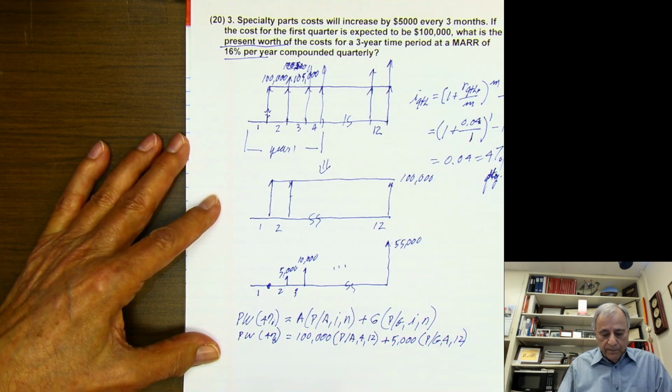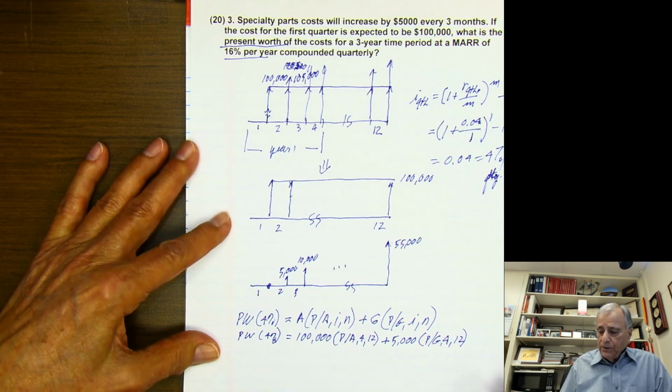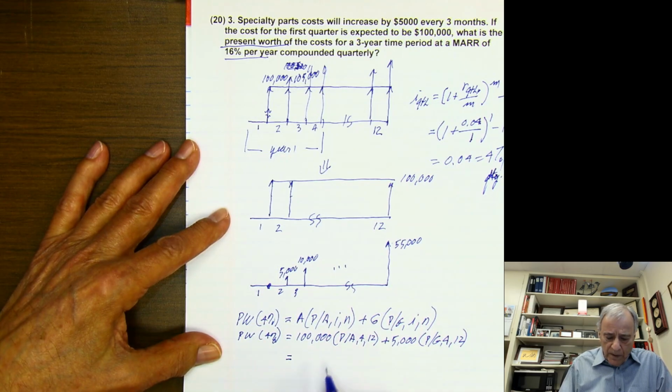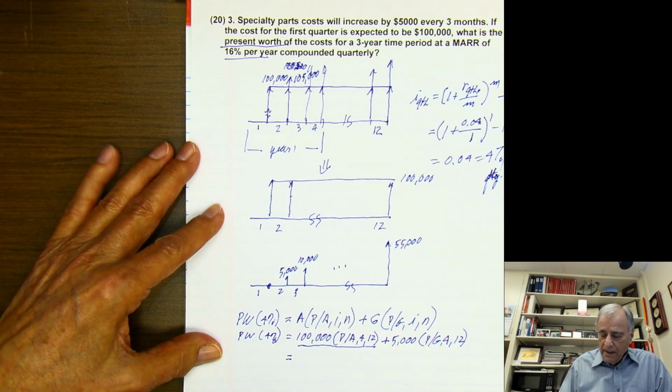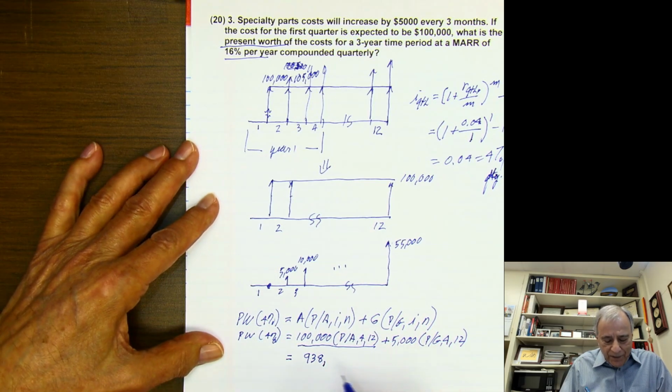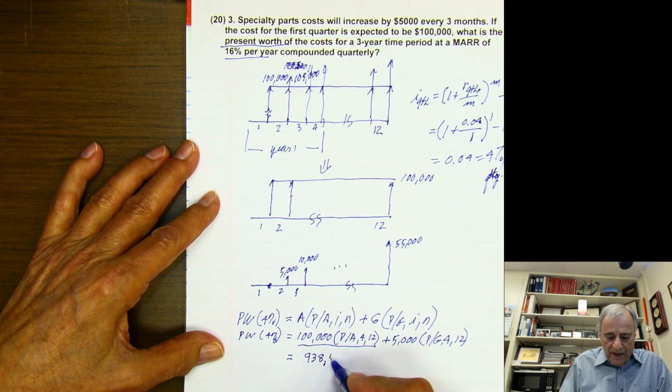And now we just plug in, go get the number from your app, or that's what I prefer to do. If you do that, this will be 100,000 times P given A for 12 quarters, and that's 938,507.